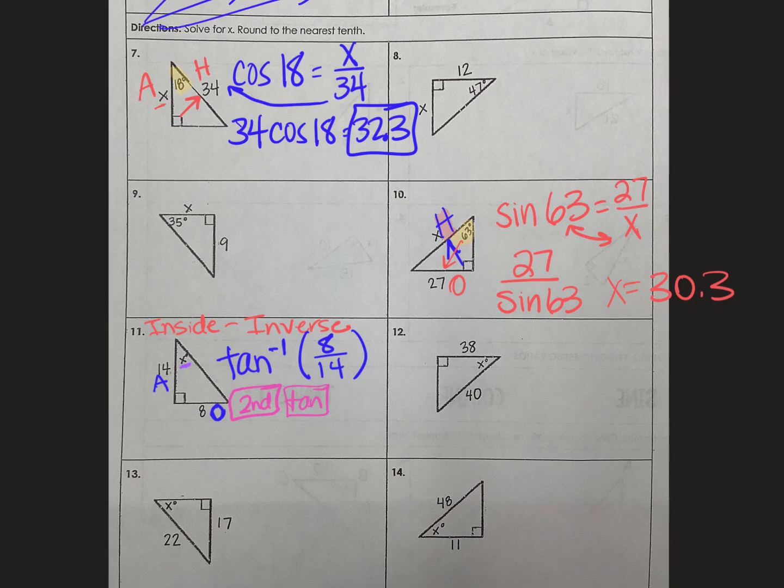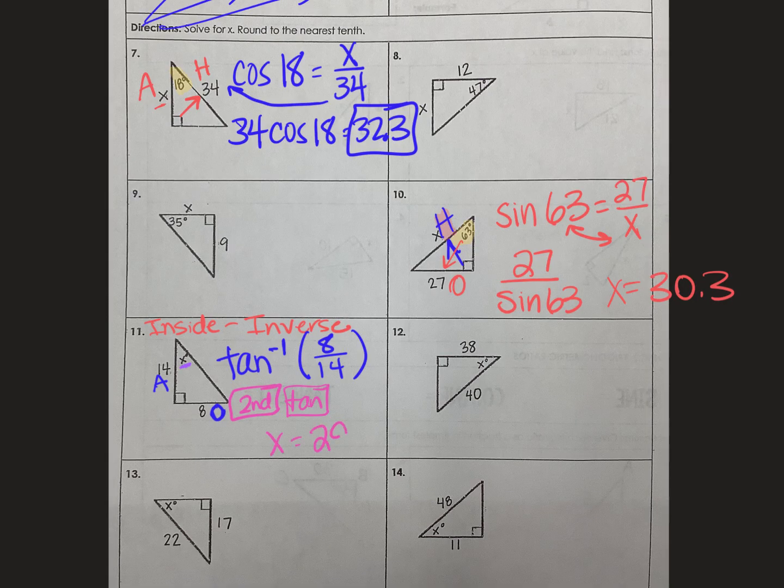So second, tan, alpha x, 8 over 14, enter. And when you do that, you are going to find that it's 29.7.